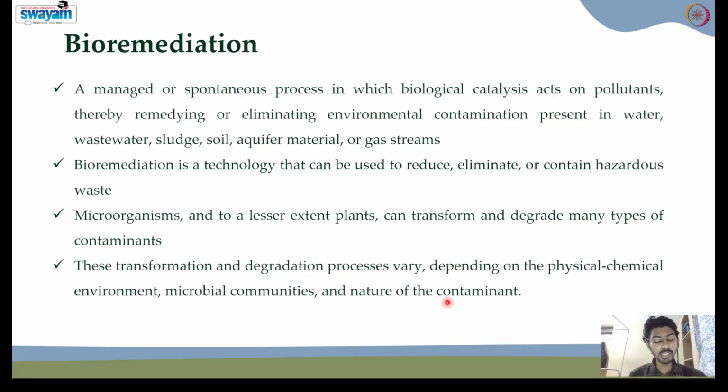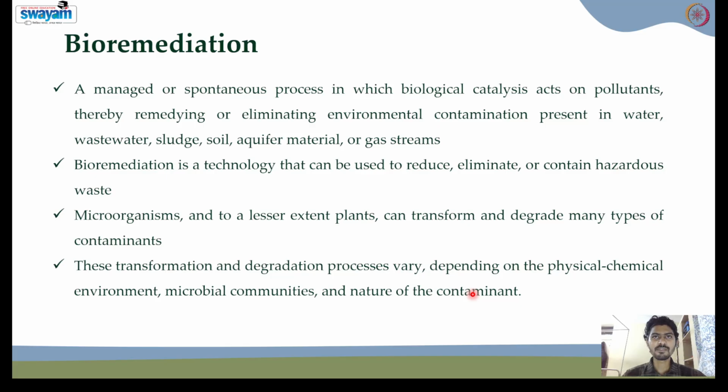And also the main factor that affects is the nature of the contaminant, that is the source of pollutant. It can be pesticides, dyes, or antibiotics, anything. So these are the three important factors, and many other factors are also there. But these three play an important role in determining the transformation and degradation of the pollutant.